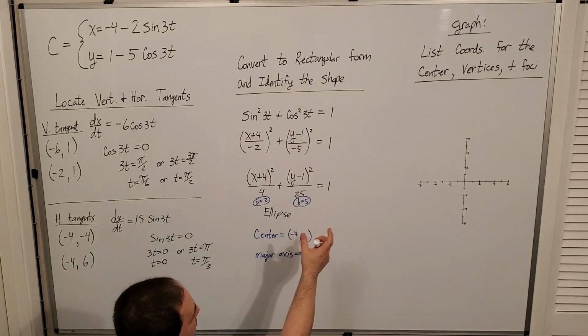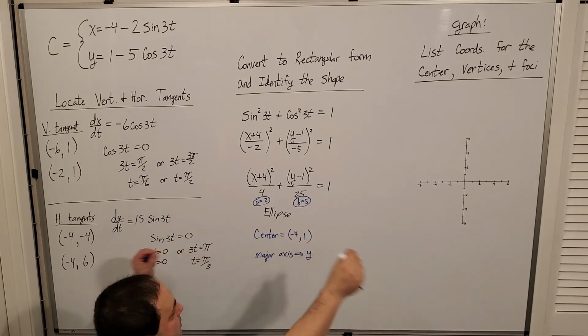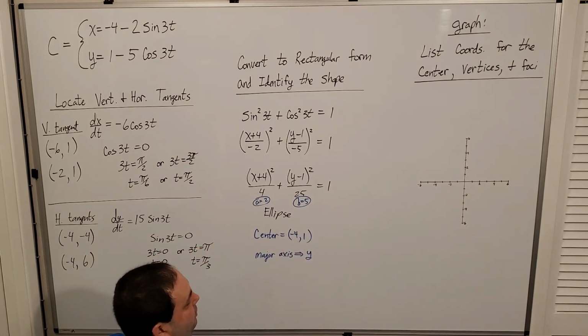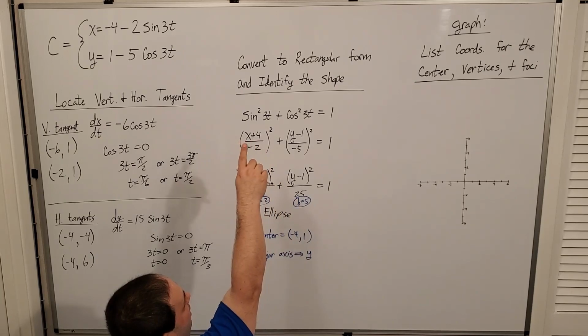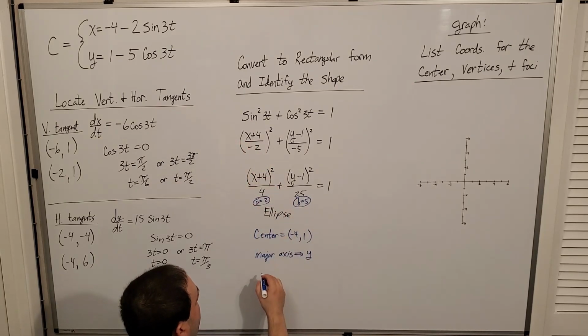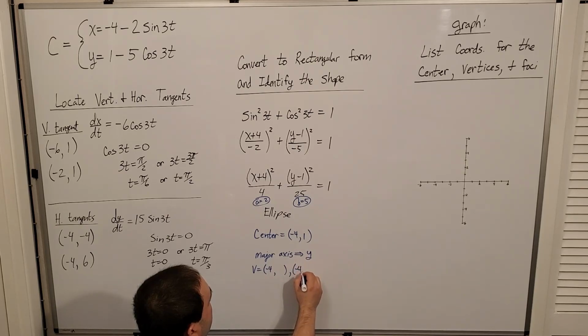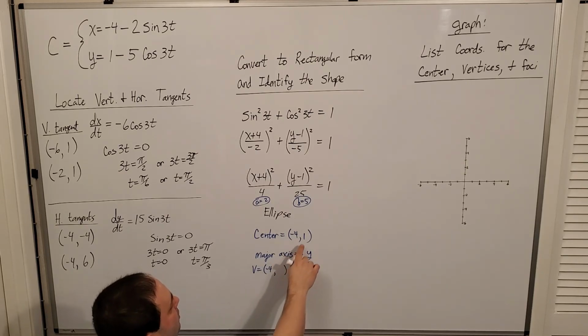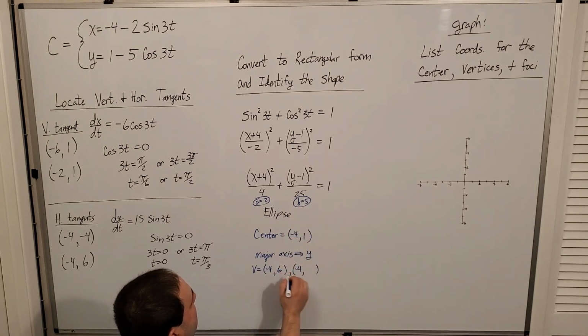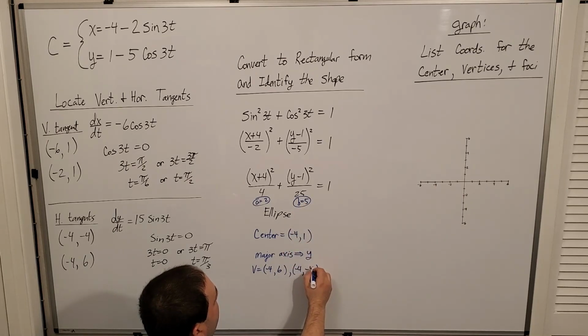So the length of my major axis is going to be 5 on either side of the center, right? So 5 up and 5 down. The vertices on the major axis are going to both have a negative 4. And then 1 plus 5 is 6, 1 minus 5 is negative 4.